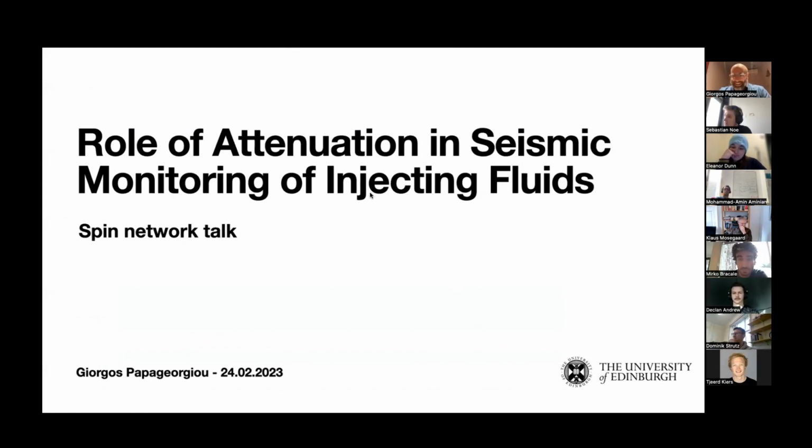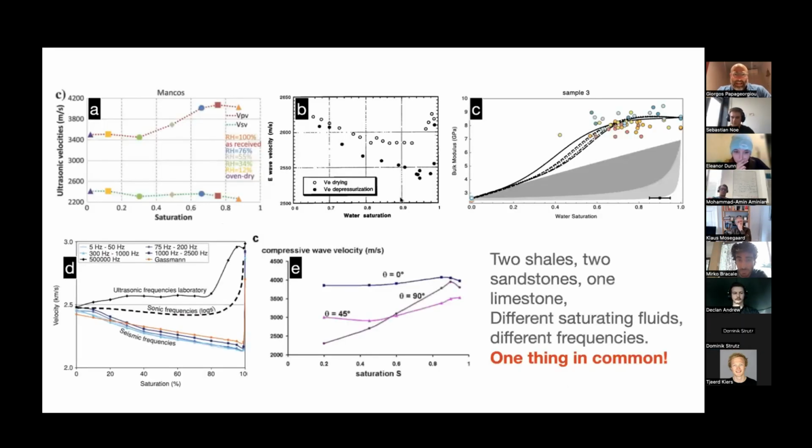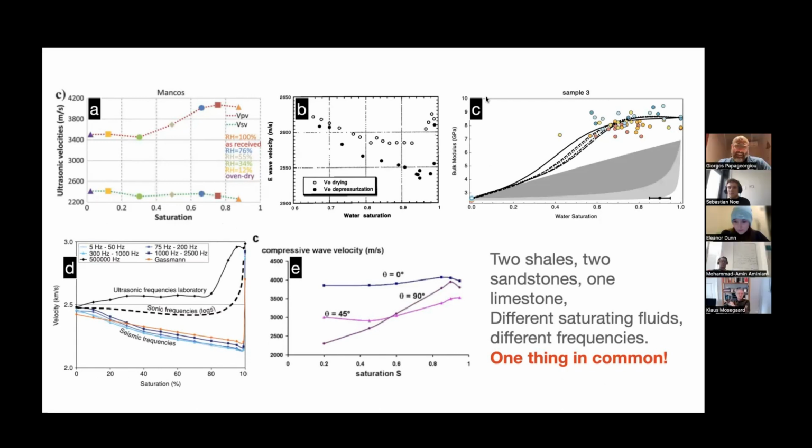On that note, let me tell you about the attenuation and seismic modeling of injection fluids. Okay, I will start by showing you something with very little context. These are five experimental measurement graphs.